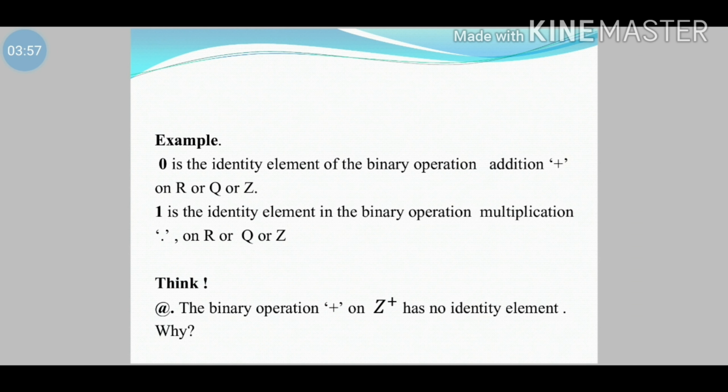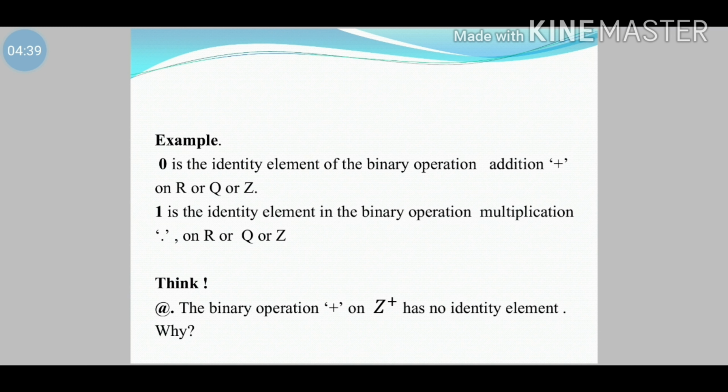For example, if we consider the set of all real numbers, or the set of all rational numbers, or the set of all integers, 0 is the identity element of the binary operation addition. That is, if we take any element a, then 0 plus a is equal to a plus 0. So 0 is considered the additive identity in the set of all real numbers, rational numbers, or integers. In a similar way, 1 is considered the multiplicative identity in the set of all real numbers, rational numbers, or integers.